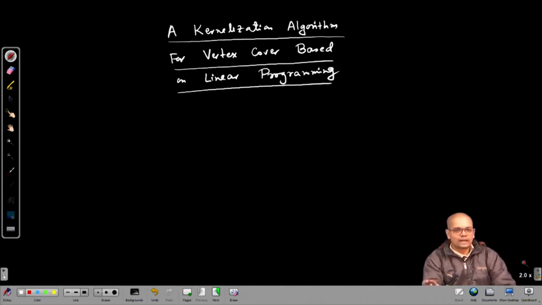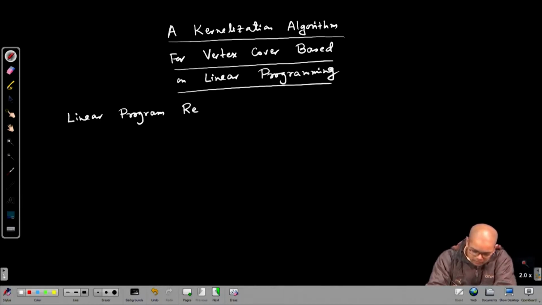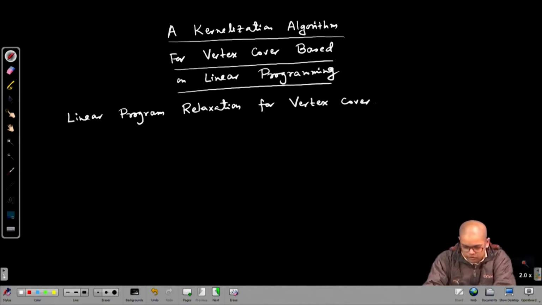So, let us recall what is the linear program relaxation for vertex cover. Let us consider the unweighted vertex cover.